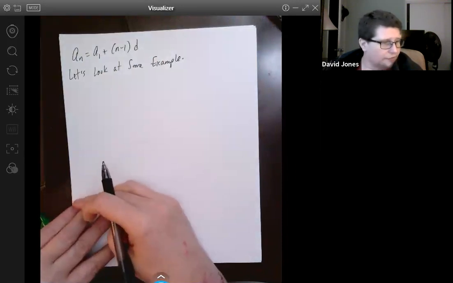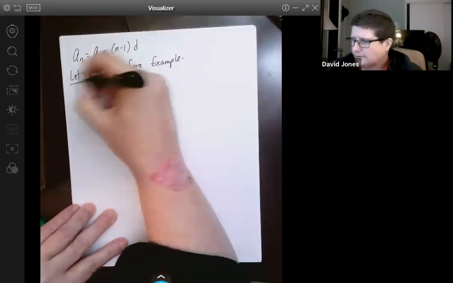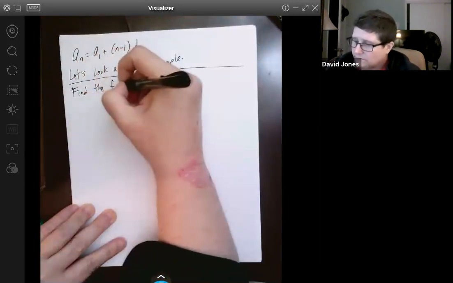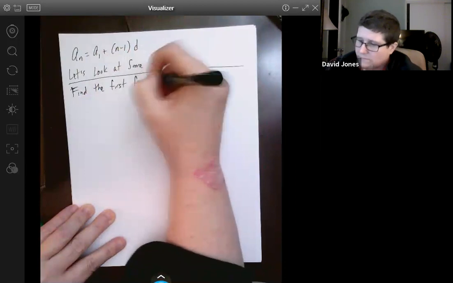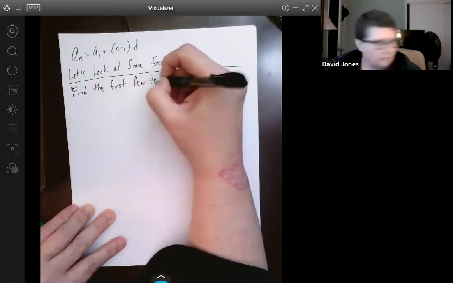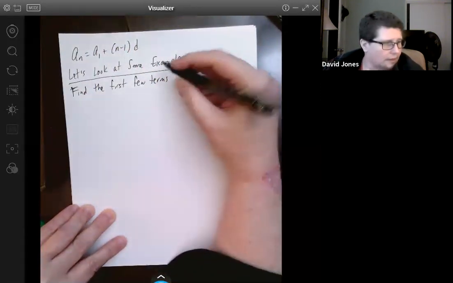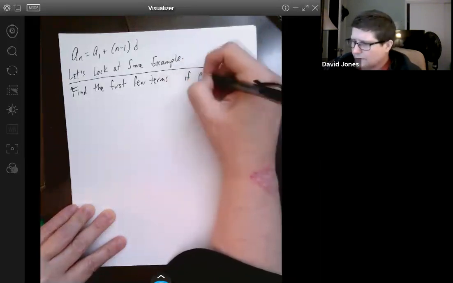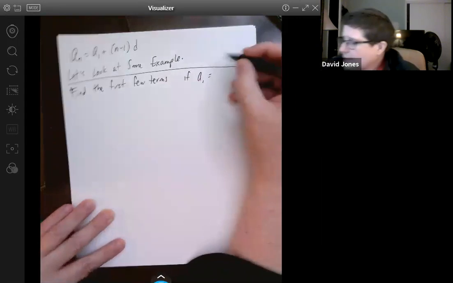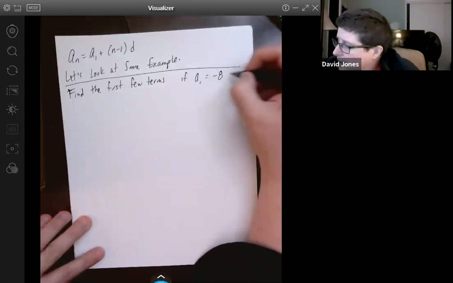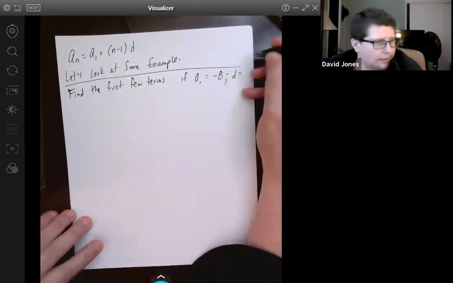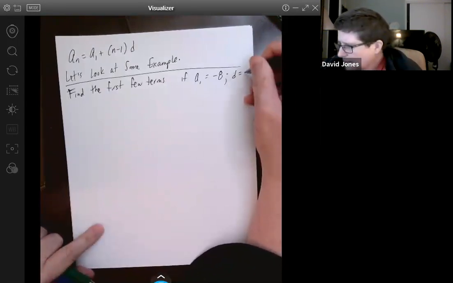Let's find the first few terms. If a sub 1 equals, let's go with -8, and d equals, oh, let's use a negative number, let's go with -3.